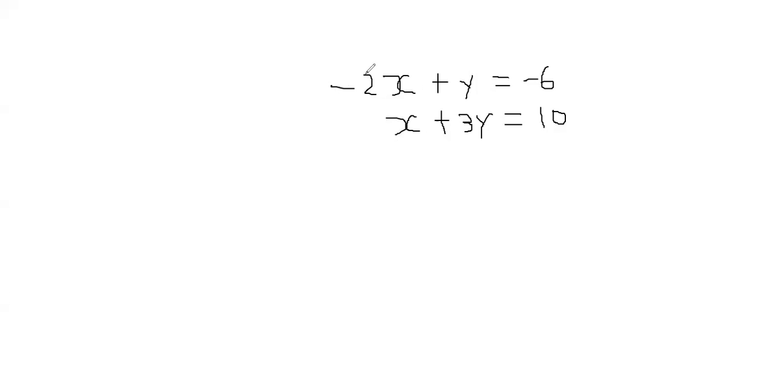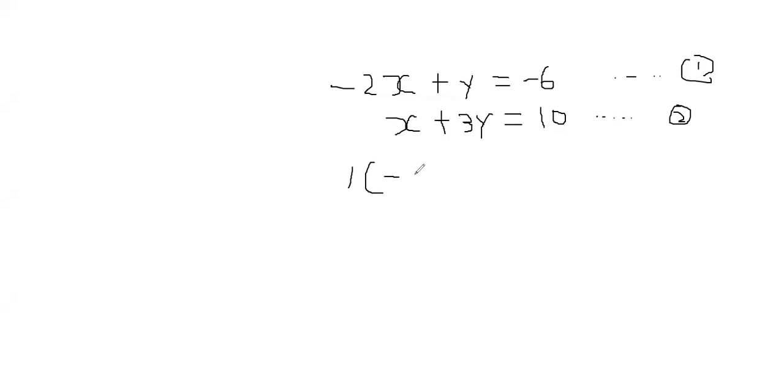So we take the coefficient of x in equation 2. Where's the coefficient of x here? Equation 2. 1, right? So we take 1 and we multiply it throughout the opposite equation, which is equation 1, right?